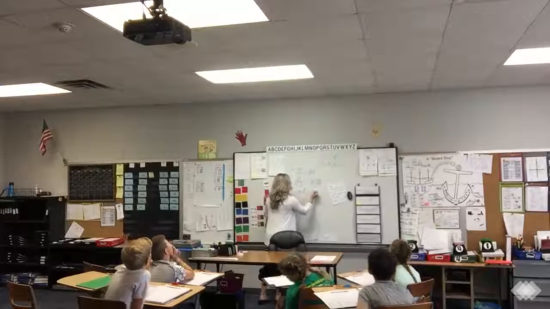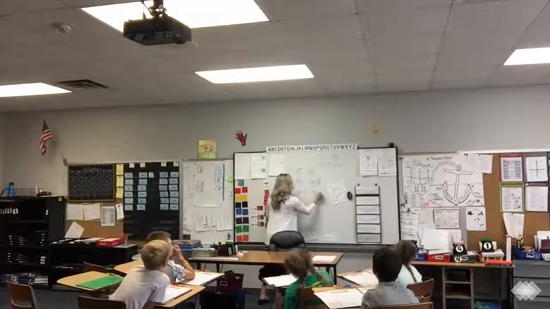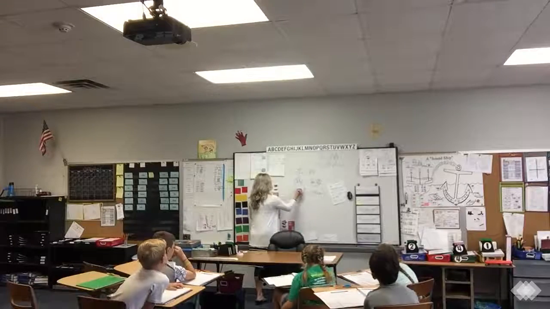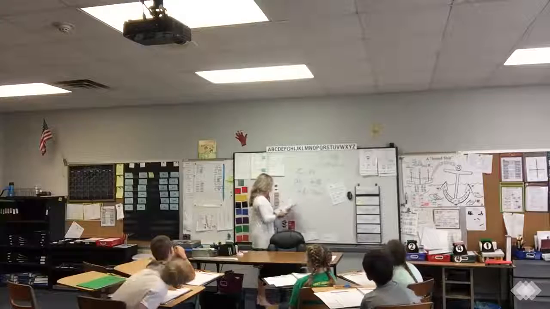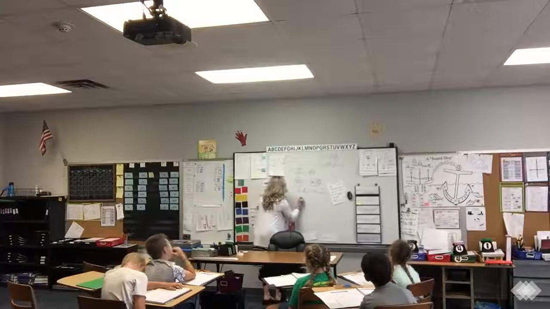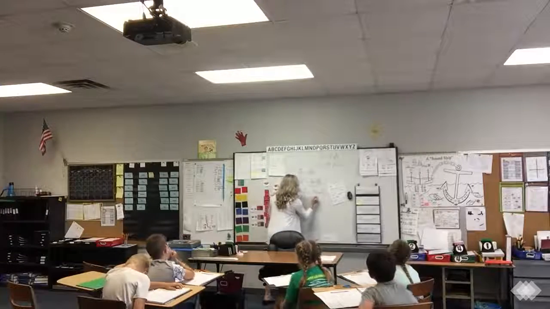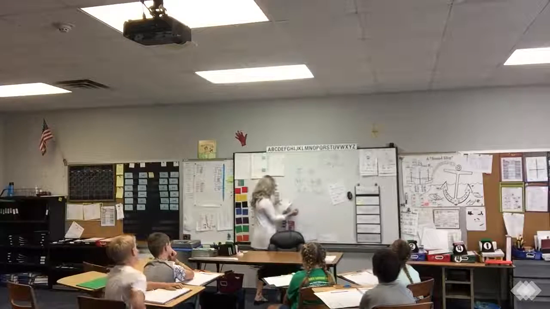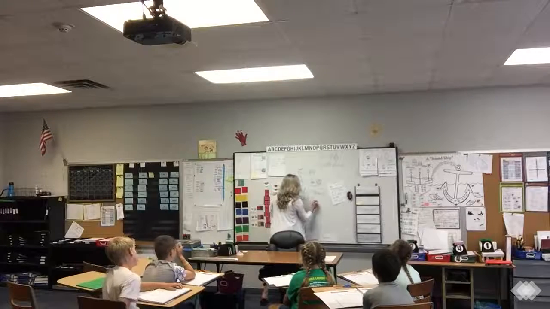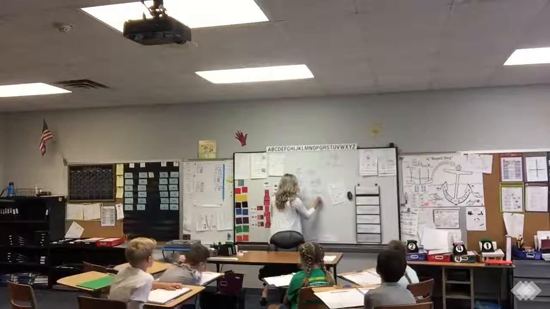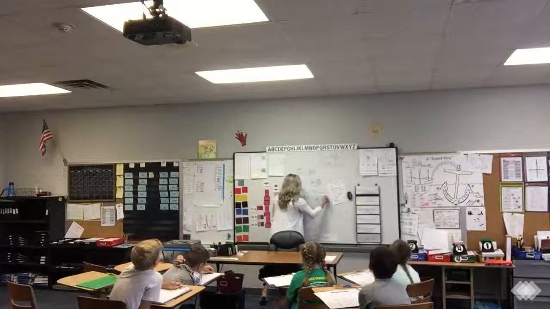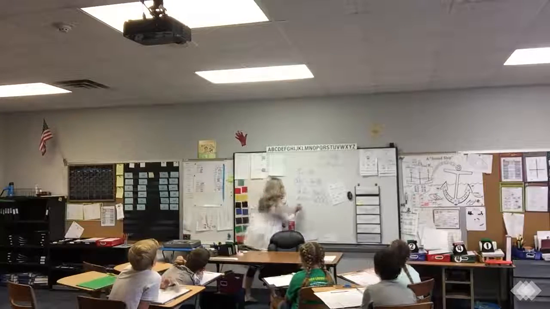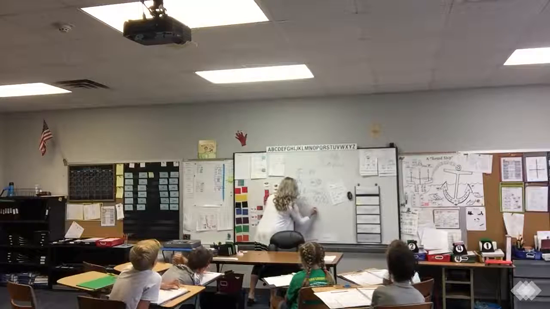Okay? What about when we see A before L? How will that be read? All. And we code it with a diaeresis. When you see digraph EA, it is read two ways. How will we read this? Okay, and when you see digraph OW, how will it be read?